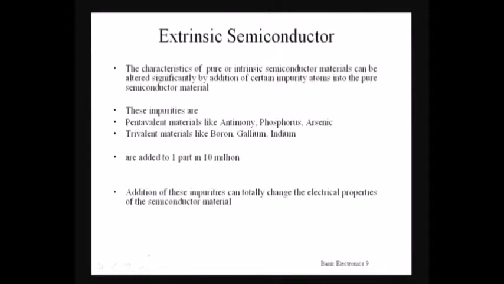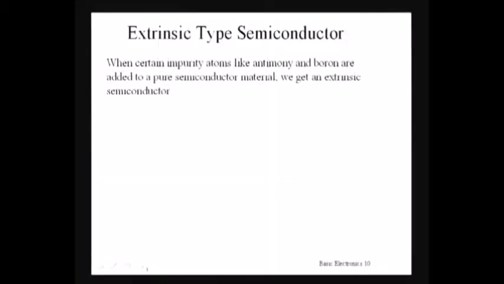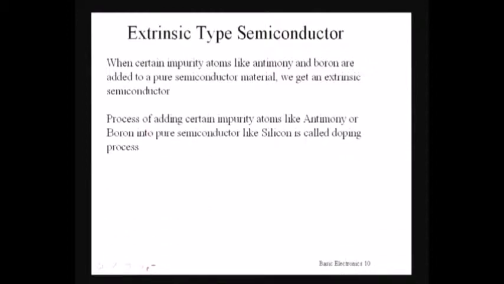Now, how this addition of impurities totally changes the electrical properties of the intrinsic semiconductor material, that we will be discussing. So, when certain impurity atoms like antimony or boron are added to a pure semiconductor material, we get an extrinsic semiconductor. This process of adding impurity atoms like antimony or boron into a pure semiconductor like silicon is called the doping process. As a result of this doping, we get an extrinsic semiconductor, either N-type or P-type.